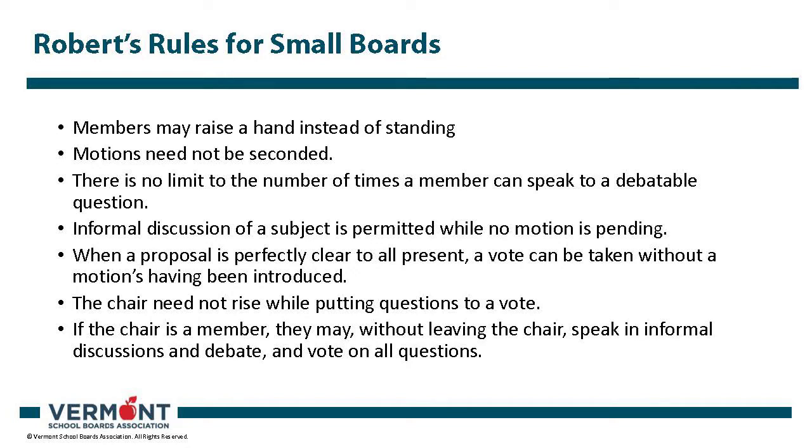And then finally, the chair may vote on all questions. So Robert's Rules for small boards is quite different. As you can see, it's much less formal. And as I indicated, we may go into more detail on Robert's Rules for small boards in a future webinar.